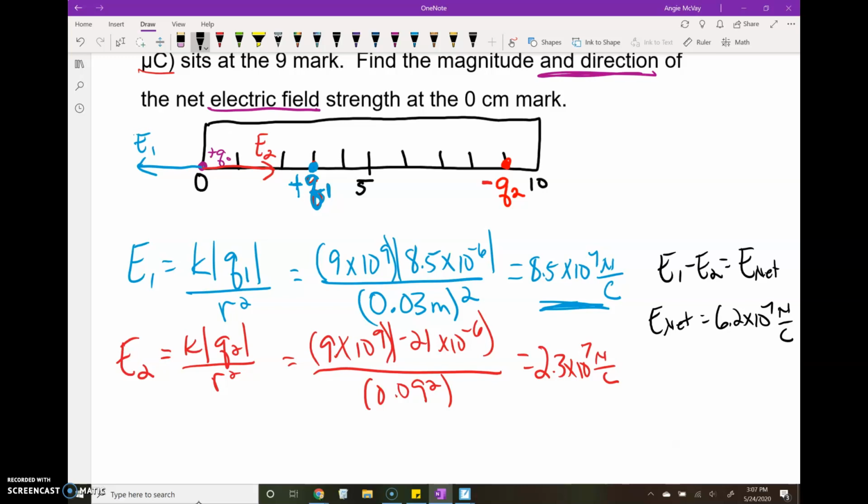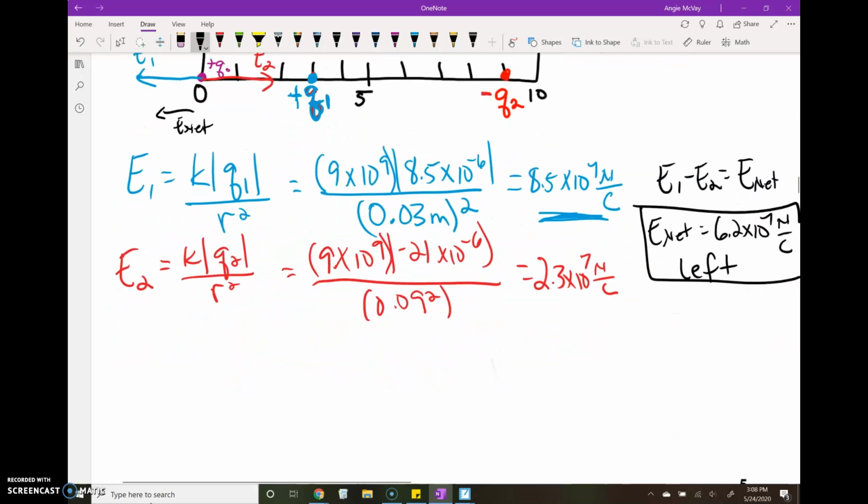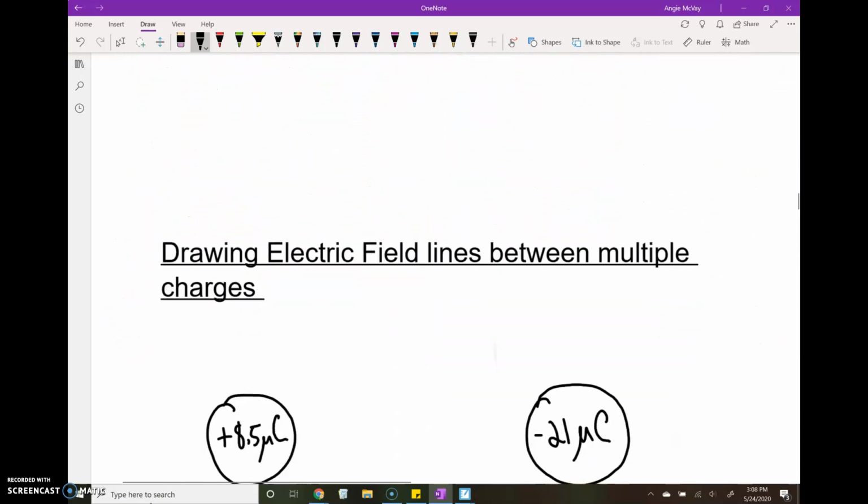And what direction is that? To the left. Right? If you subtract these, the net electric field would be to the left. Cool. Very typical problem that we see regarding electric fields.